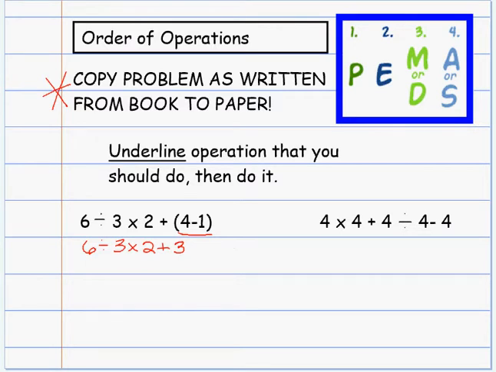Okay? Next step, every time you go through this, this is what you do. So go back to step 1. Are there any parentheses? No. Or grouping symbols? No. E, exponents? No. Multiplication or division? Yes. Now, what was the rule for multiplication or division?